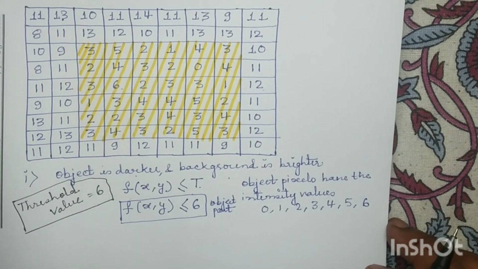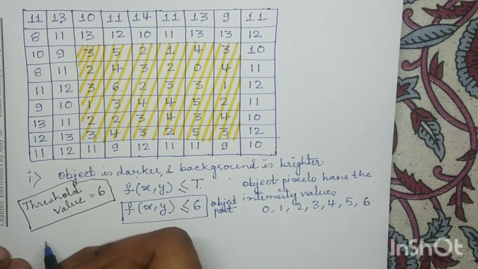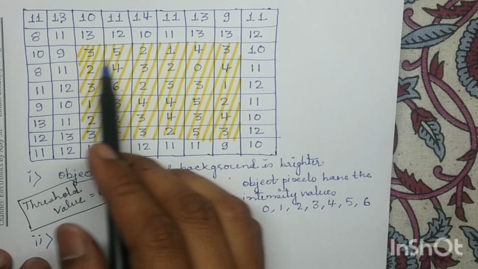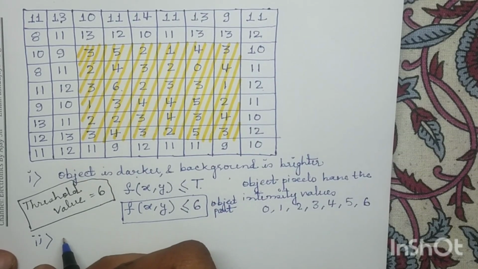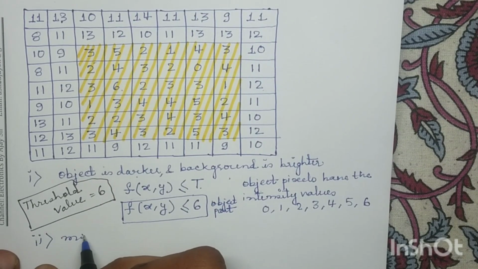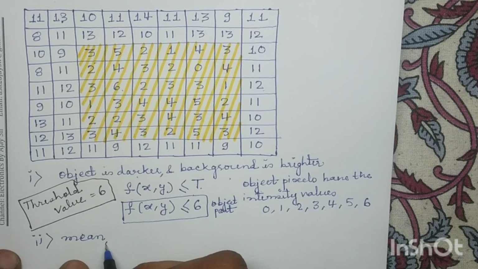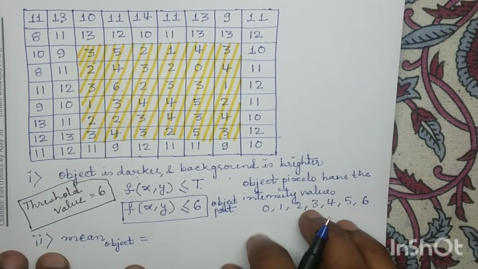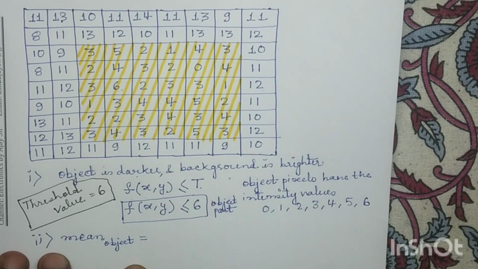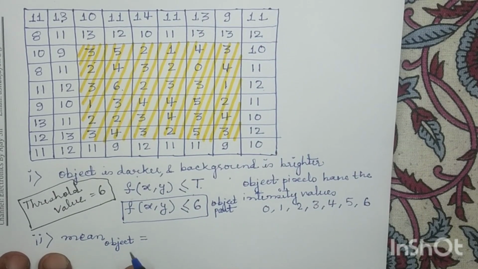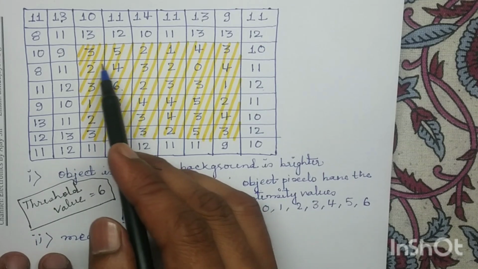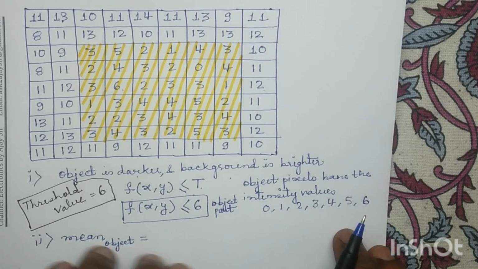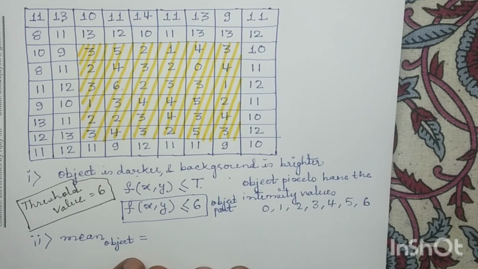Now we will solve the next part, that is we have to determine the mean of all these object pixels, the mean of all these yellow highlighted pixels. This mean value you can determine in two ways. You can add all these yellow pixels and divide by the total number of pixels, or you can do it in a very systematic manner.